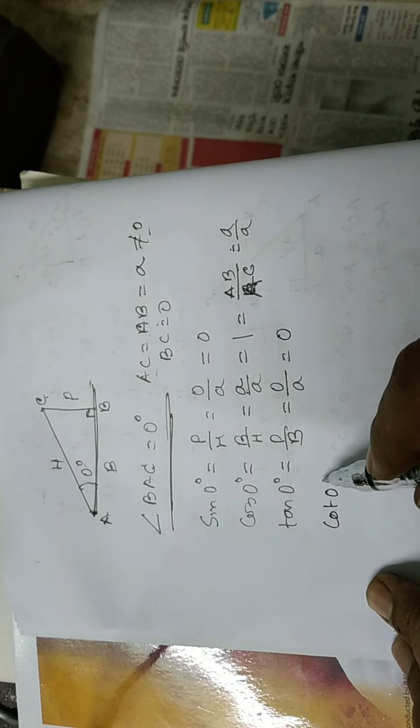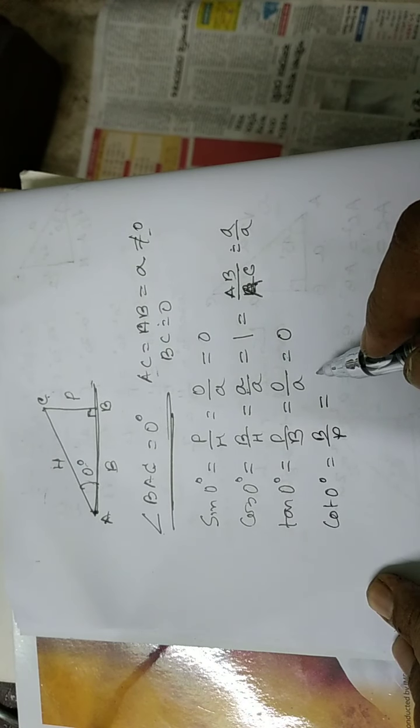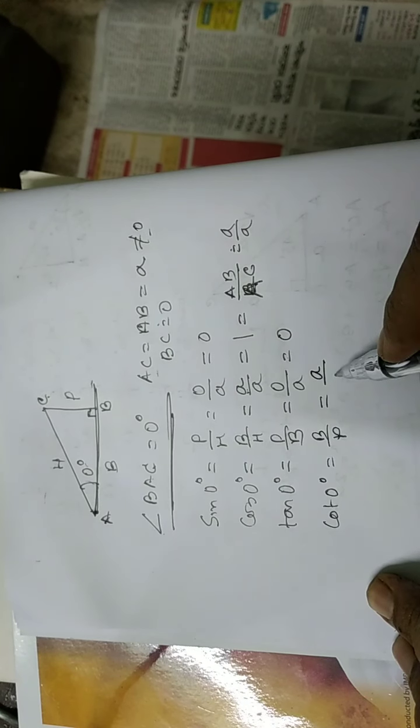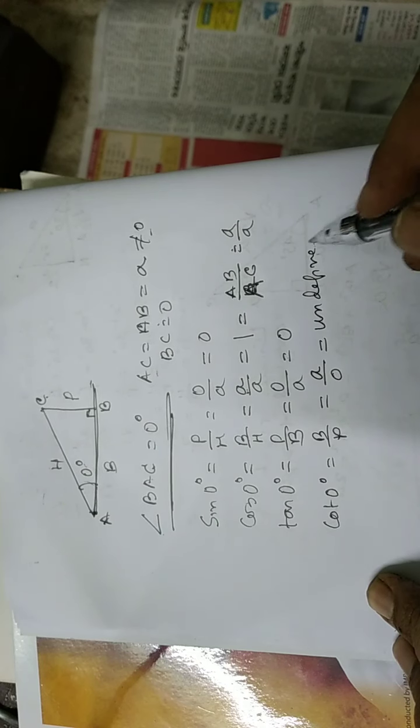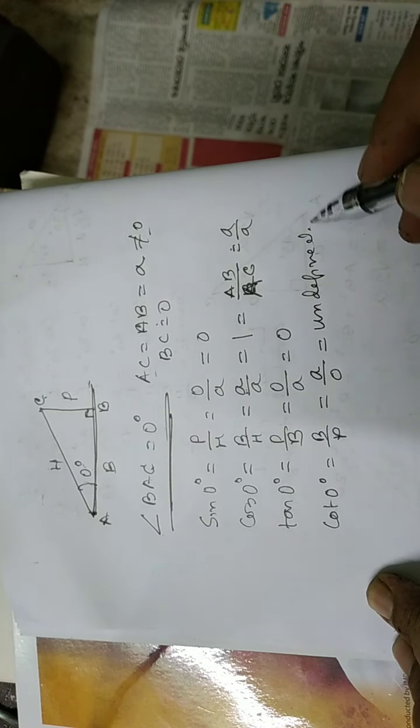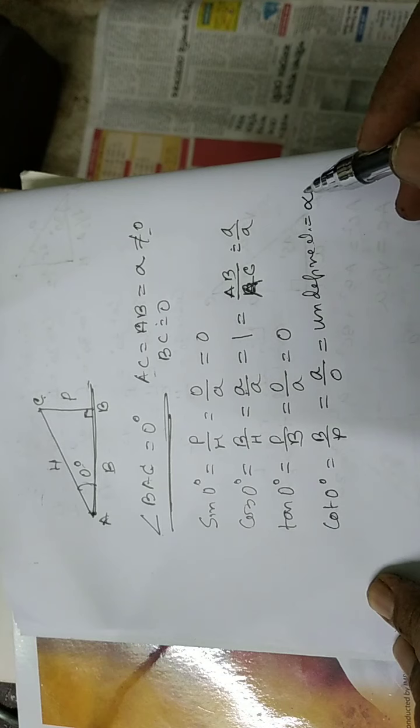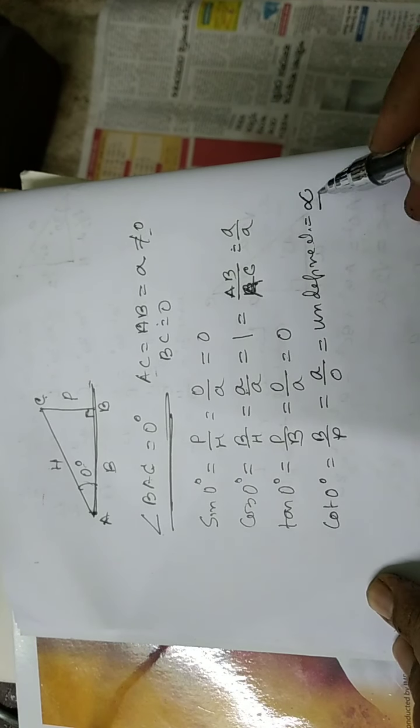Cot 0 degree is B by P, that is A by 0. A by 0 is undefined, or we can write the infinity symbol, but this is not infinity, it is undefined, because you can't define anything by 0.